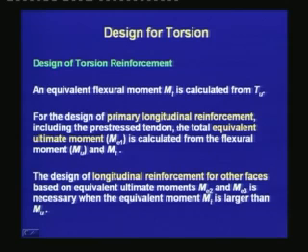Next, an equivalent flexural moment Mt is calculated from Tu. Thus, once we have calculated the torsion demand Tu, from that we are calculating an equivalent flexural moment Mt. For the design of primary longitudinal reinforcement, including the prestressed tendon, the total equivalent ultimate moment Me1 is calculated from the flexural moment Mu and Mt. We have the flexural moment Mu and we have the equivalent flexural moment Mt due to the torsion.